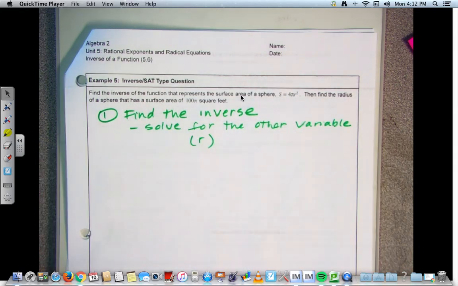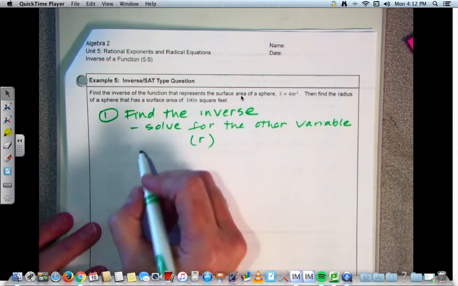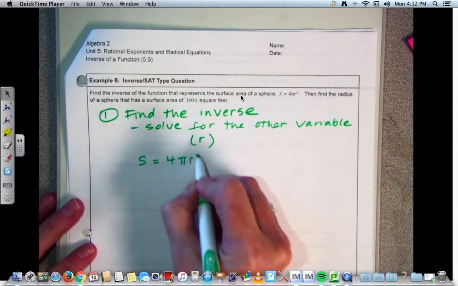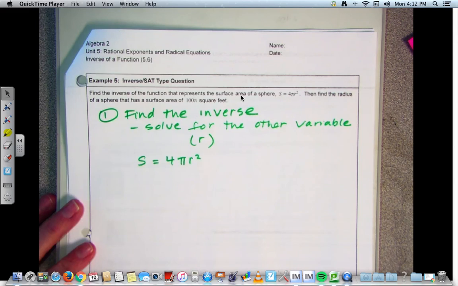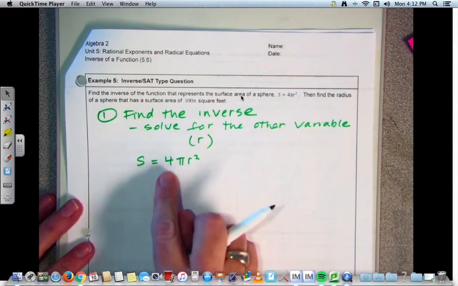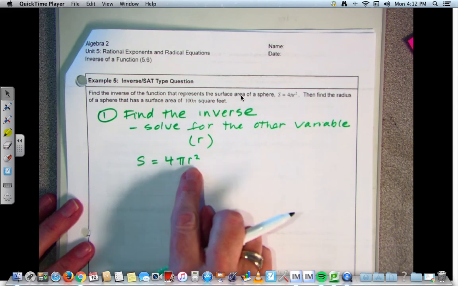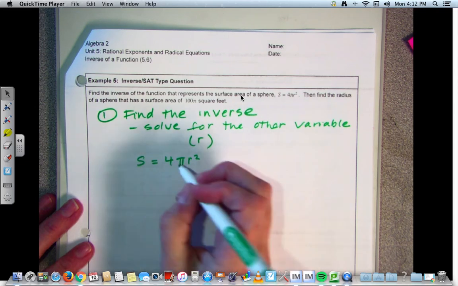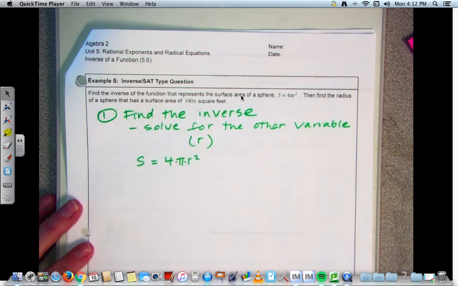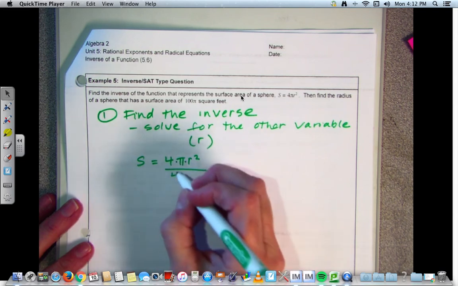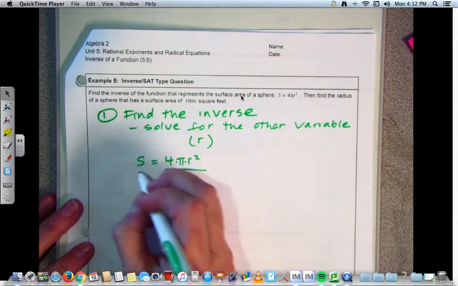Pi isn't a variable because pi has a numeric value. So we're solving for r. Our equation is S equals 4 pi r squared. Our goal is to get r by itself. So we have this 4 and pi being multiplied by r squared. Those are the first two things that we need to get rid of. These are all being multiplied by each other, so we need to undo the multiplication, which means we need to divide. So we can divide all at one time.